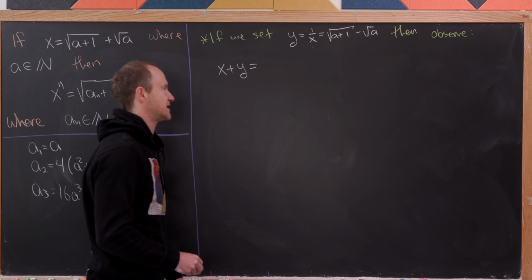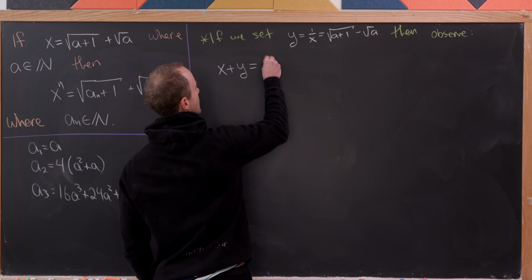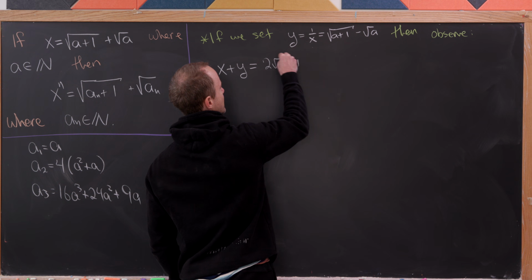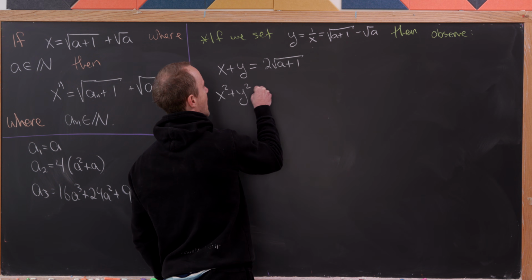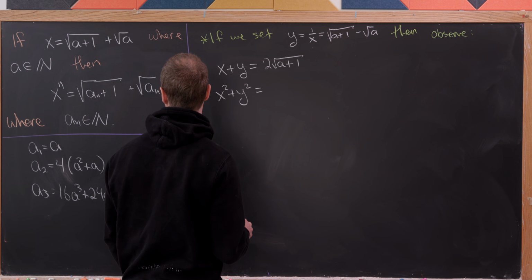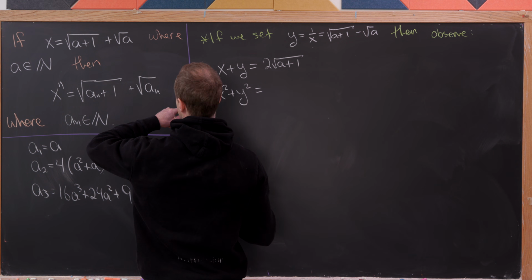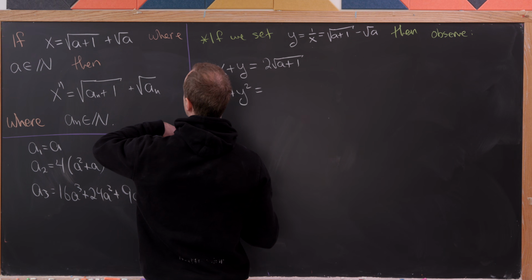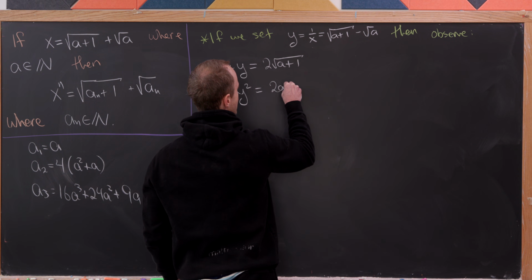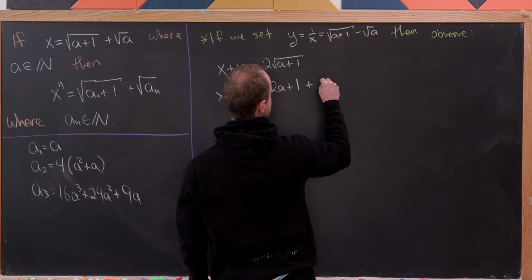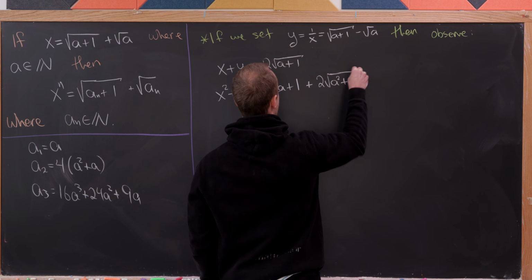And now I'd like to observe that if we look at combinations of x and y, something interesting happens. So if we do x plus y, we'll get 2 times the square root of a plus 1. If we do x squared plus y squared, what are we going to get in that case? Recall that x squared was equal to 2a plus 1 plus 2 times the square root of a squared plus a.